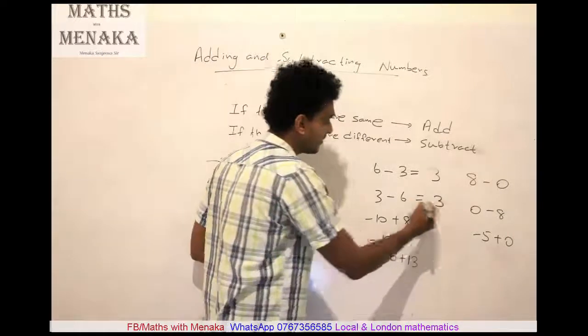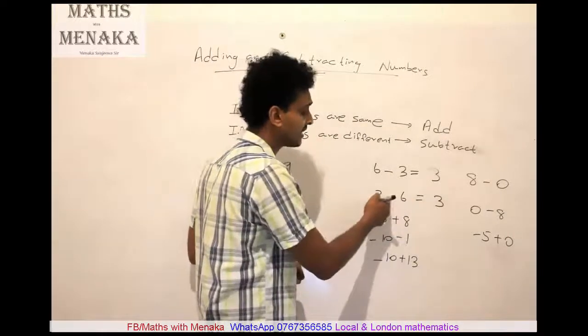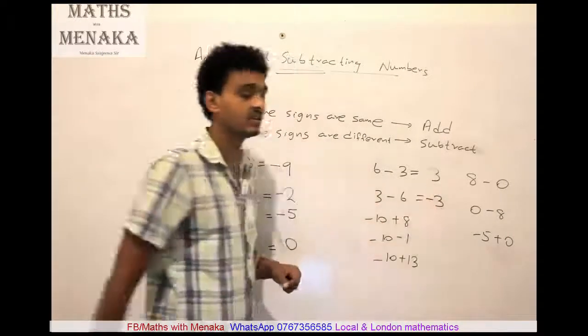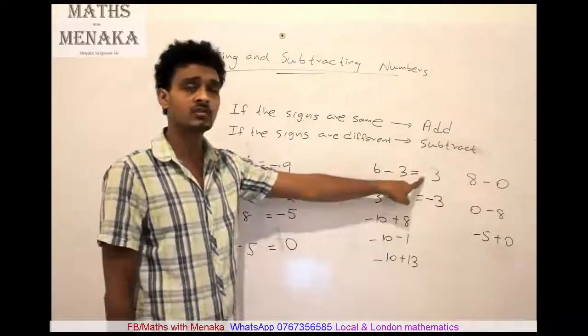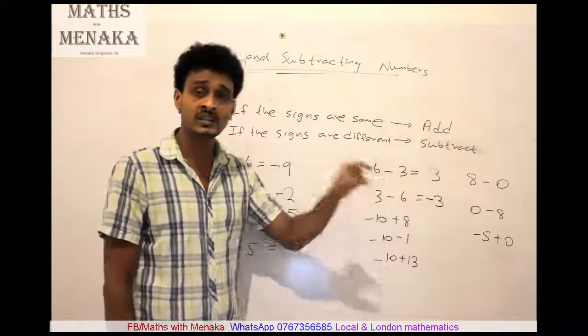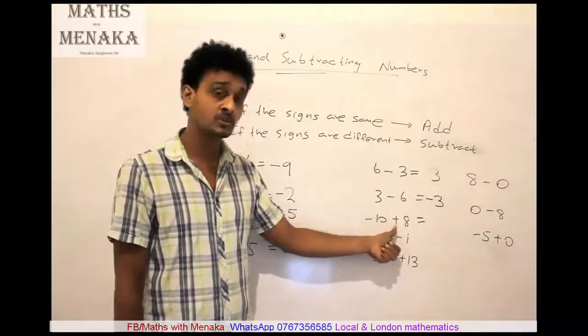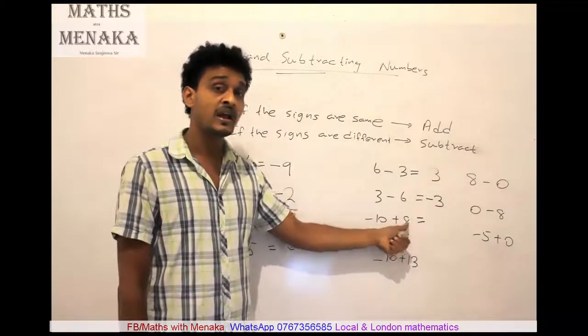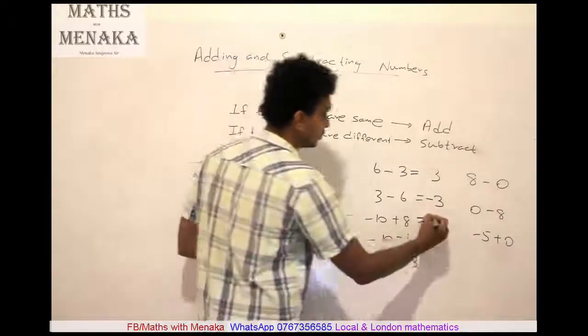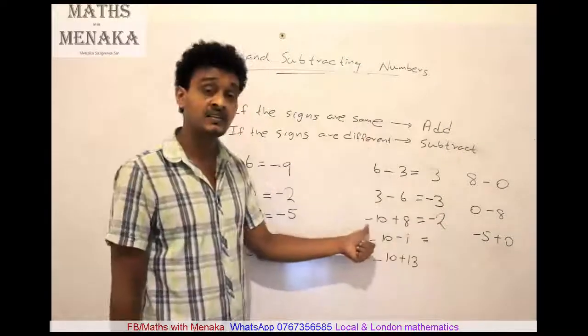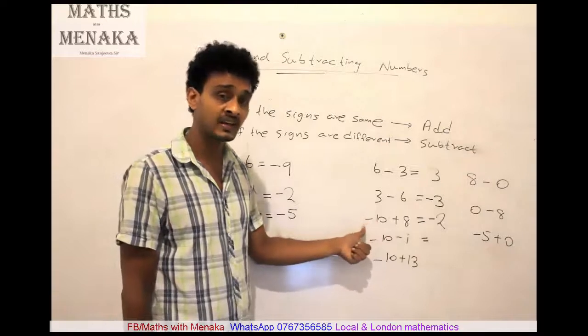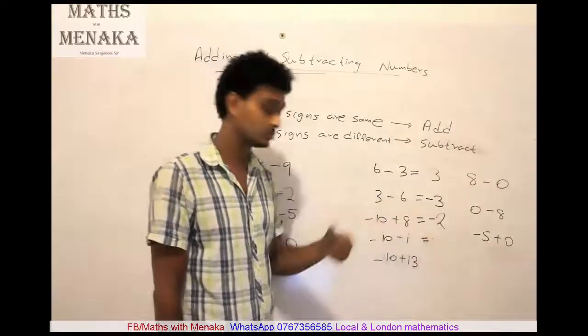The answer is 3. The large one is 6. This sign is negative, so the answer is negative 3. If it is positive, you don't want to write positive. If it's negative, you must write negative. This is negative, this is positive. You have to subtract 8 from 10. The answer is 2. The sign of the bigger one is negative, so the answer is negative 2.